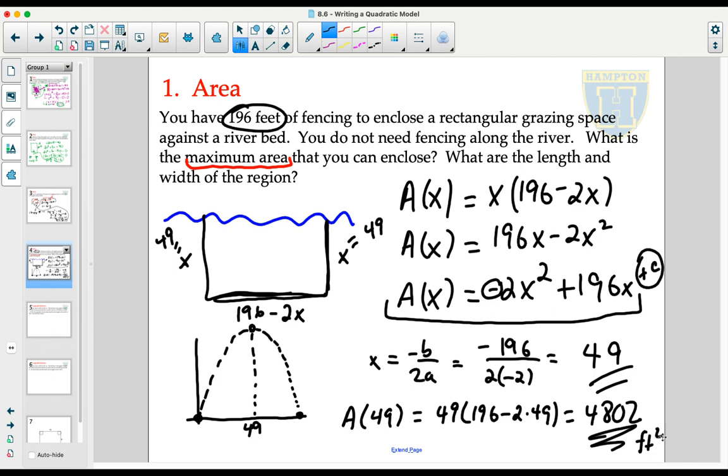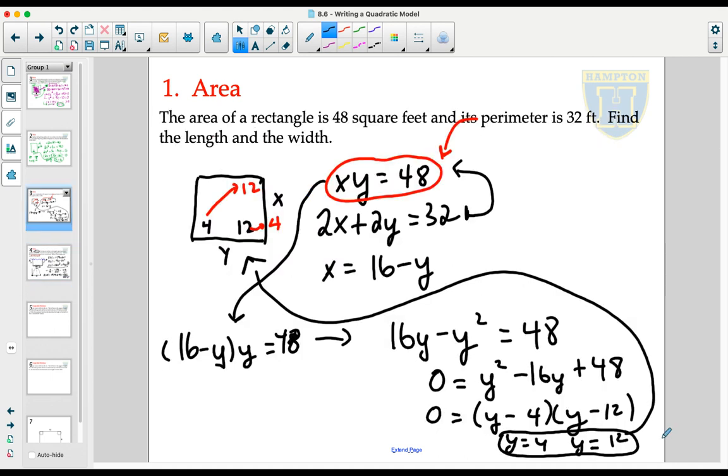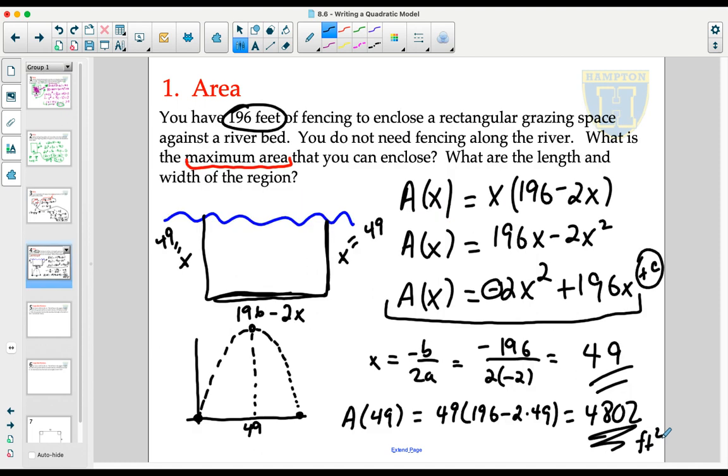So looking at these last two examples that we just completed, we had a defined area and a defined perimeter. In that case, there were two combinations that worked, either 4 and 12 or 12 and 4. In this example, we have an infinite number of possibilities, an infinite number of ways that we could use that 196 feet of fencing.